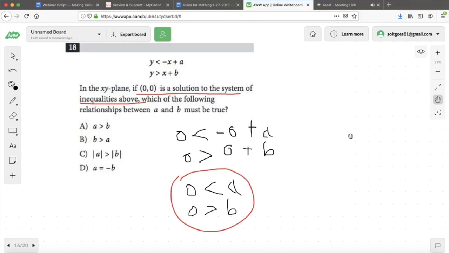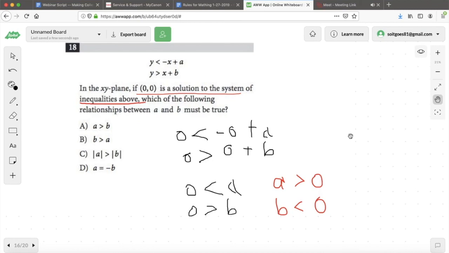It's absolutely true. But I'm going to rewrite that, because if you say 0 is less than A, it's not obvious what you're saying about A. If you say 0 is greater than B, it's not obvious what you're saying about B. But if we say A is greater than 0, it's a little bit more obvious. And if we say B is less than 0, it's more clear what the significance of A and B is now. Does that make sense, Simon?